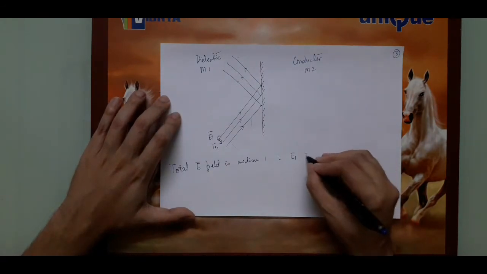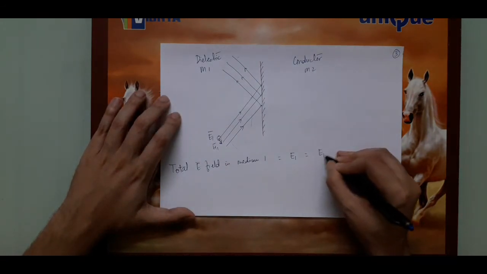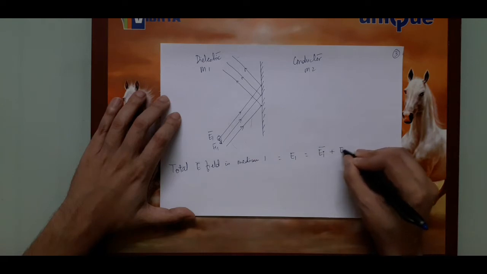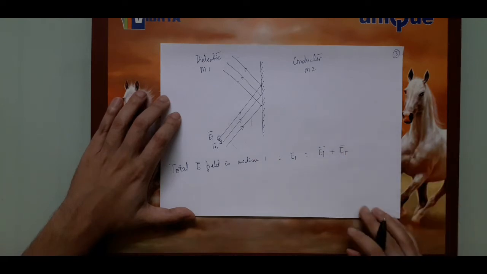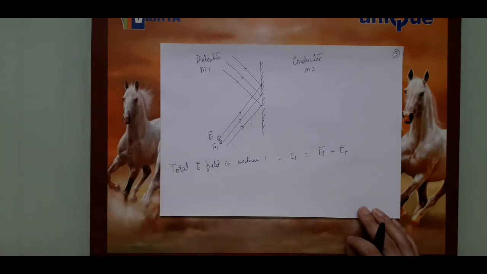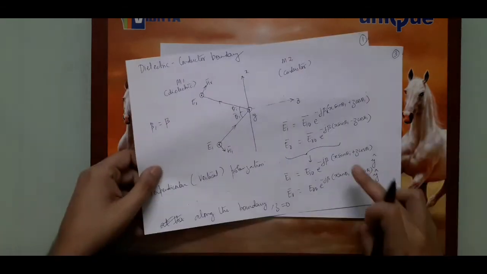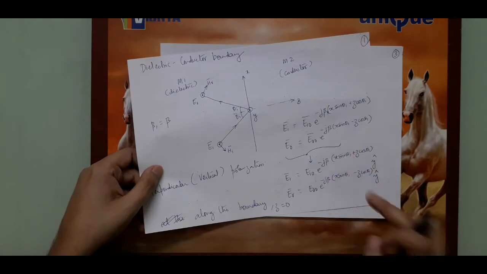That will be nothing but the addition of the EI vector and the ER vector. So looking at the expressions we have written earlier, it is simply nothing but the addition of these two.